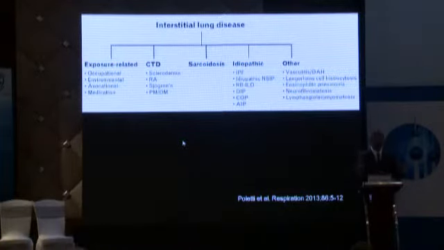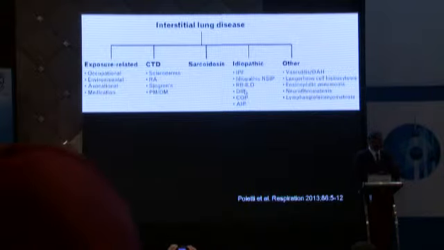This is one way of making sense of the 250 to 300 conditions that present as interstitial lung diseases. Of the 250, 300, 90% fall into the exposure related. So either they are drug related or they are occupational related. Then we have all the connective tissue disease stuff. Sarcoid merits its own little branch.